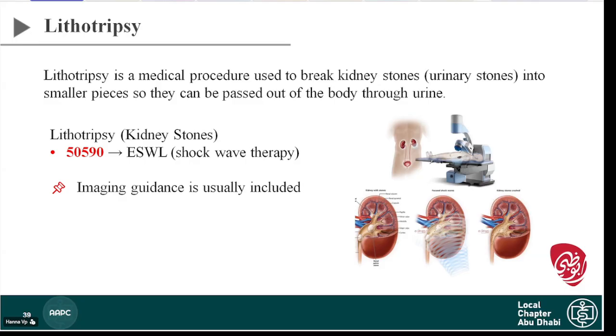It's like we are giving an extra shock wave to the area of your kidney stone, and through the shock, the stones are crushed into many minute fragments, and finally they can be passed out of the body through the urine. See the code given here for lithotripsy, guys, 50590. Usually, imaging guidance is included in the services. Okay, so this is another type of common procedure you can see.